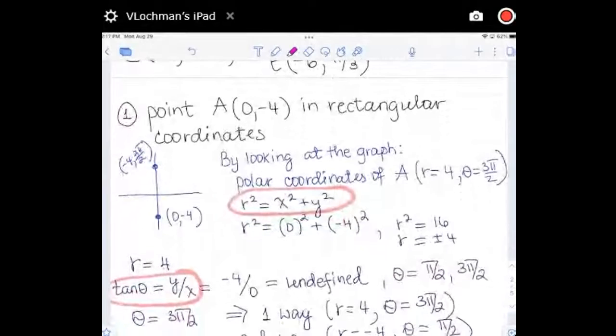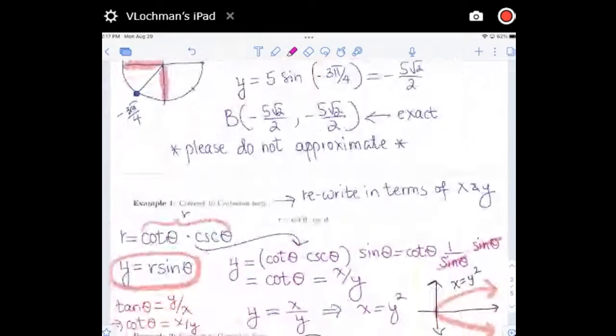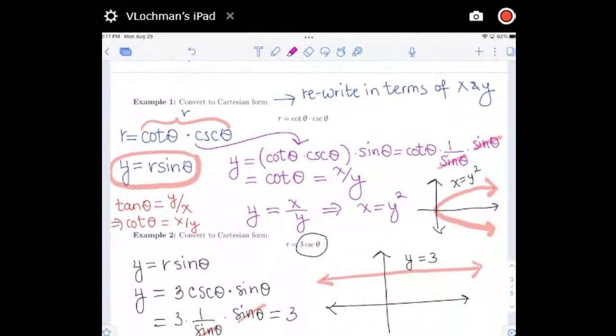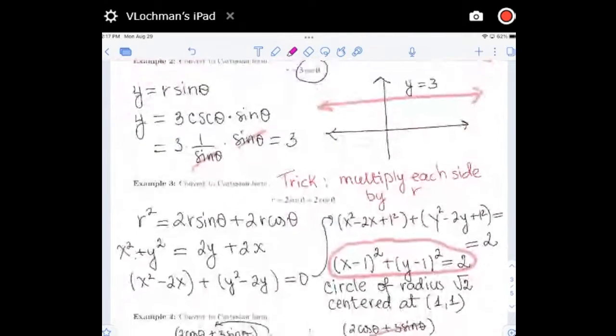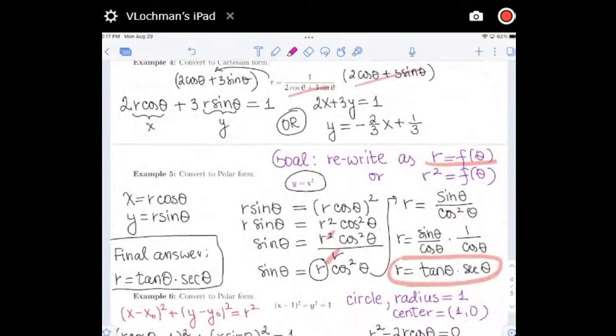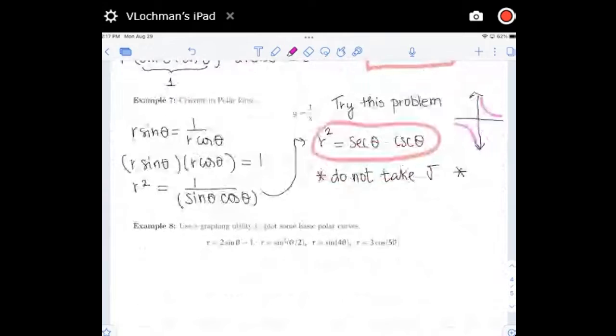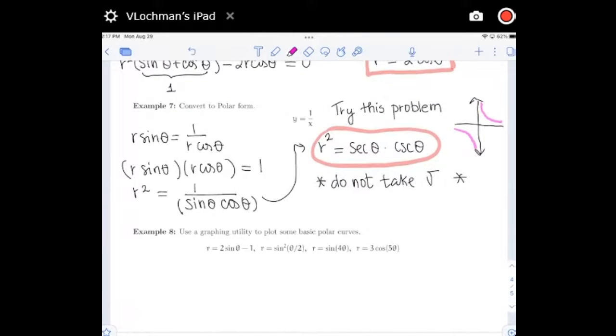Then we talked about converting points, just the points from one system to another. And then converting equations of curves. So rewrite them in terms of x and y if we go to Cartesian form, and rewrite them in terms of r and theta if we're going from Cartesian to polar. So the last thing for this particular section, I want to do graphing.